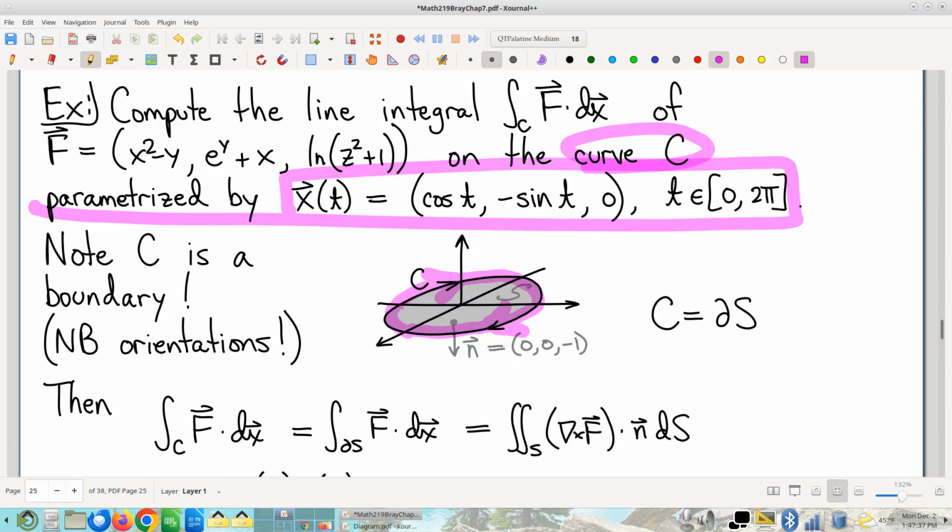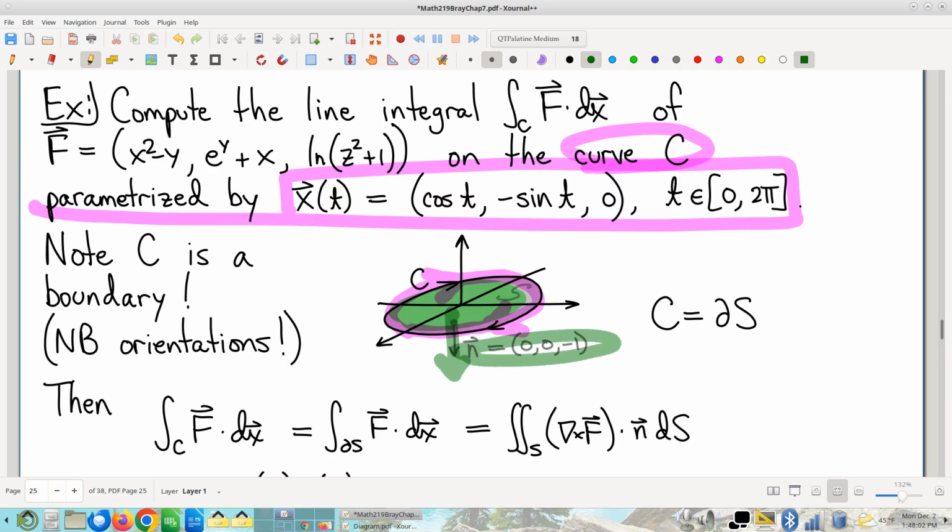A lot of people will say no, it's going the wrong way. Isn't it supposed to be counterclockwise or something like that? And no, that's two-dimensional thinking. That's if we were talking about Green's theorem. This absolutely is a boundary. It's a boundary of this surface oriented downward, like so.